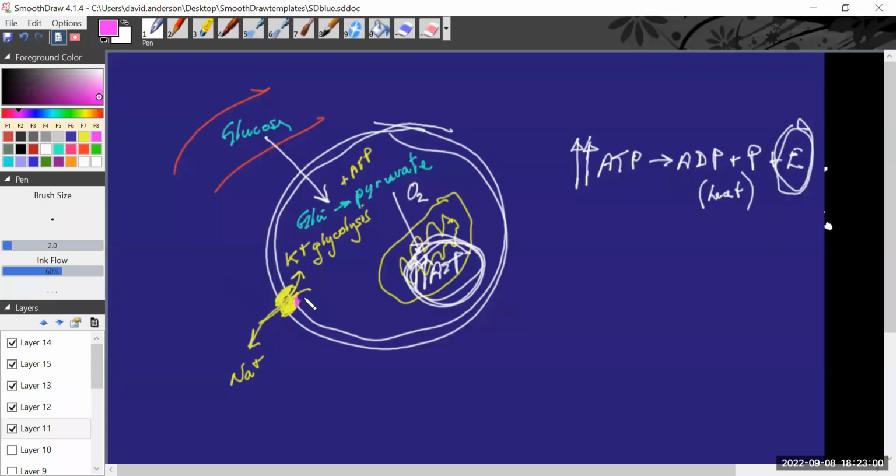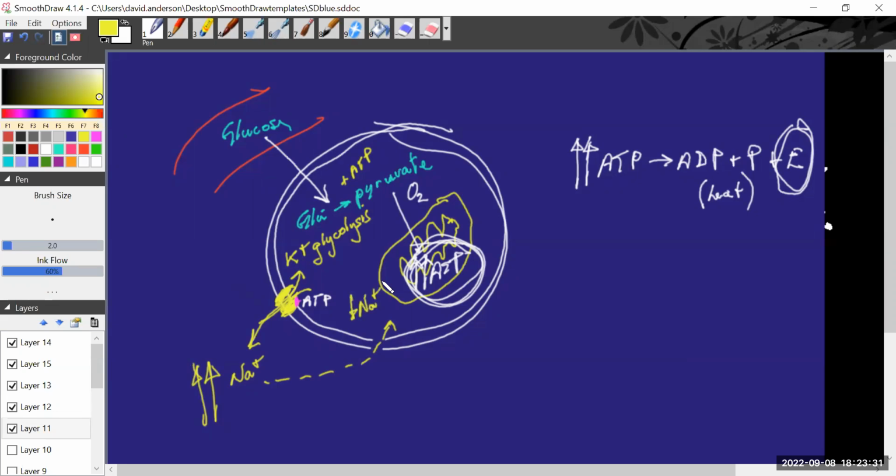And the sodium potassium pump has a binding site for ATP because sodium has to constantly be pumped out of the cell. It wants to sneak back in because over here there's a channel that allows it to sneak back in, because it's in high concentration outside and low concentration inside.